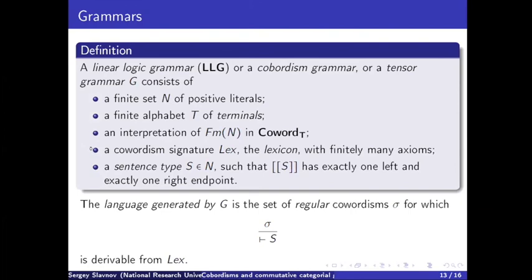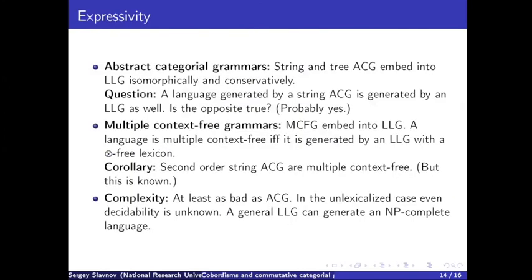So there are some formal expressivity results. Concerning abstract categorial grammars, string and tree ACG embed into these LLG as conservative fragments, essentially because intuitionistic linear logic and linear lambda calculus embed into classical linear logic as conservative fragments.